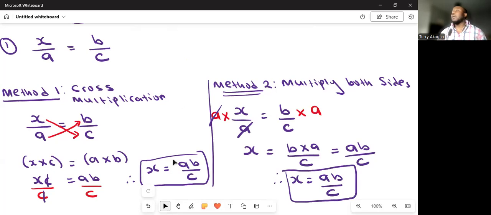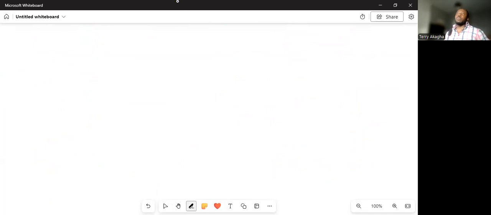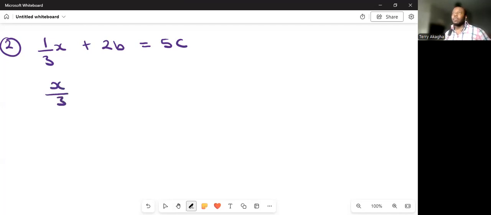Okay, let me pick another one. Number 2. We have 1 over 3x plus 2b is equal to 5c. So 1 over 3x is the same thing as saying x over 3, plus 2b is equal to 5c.